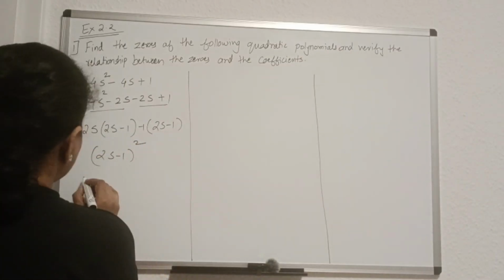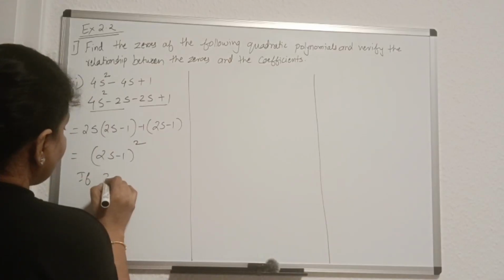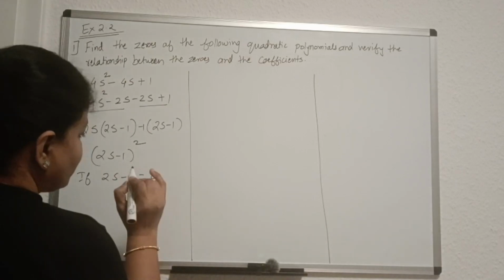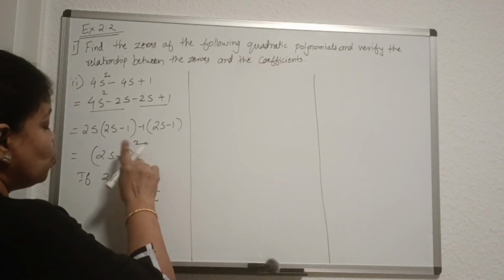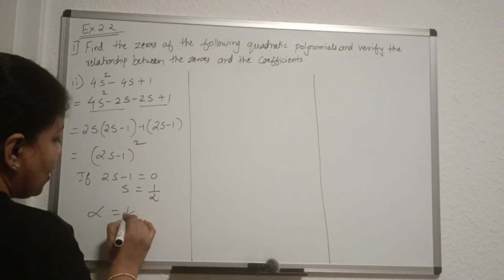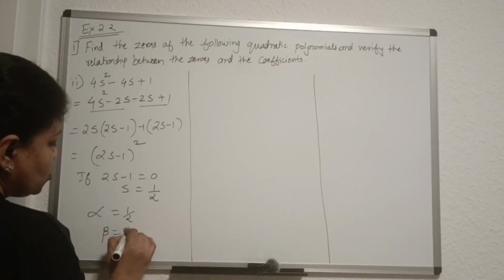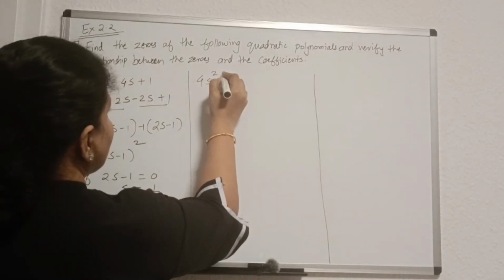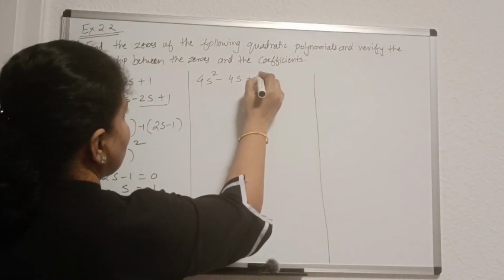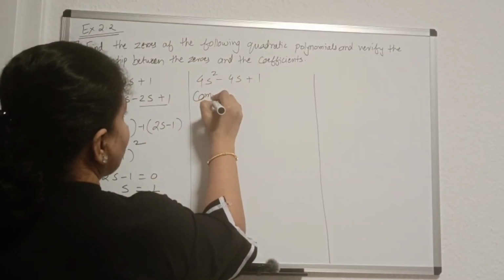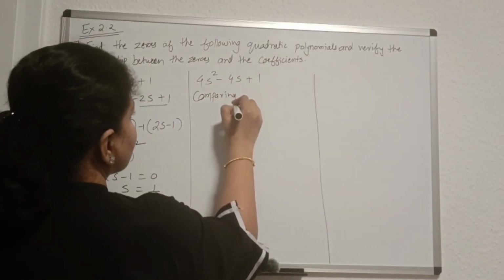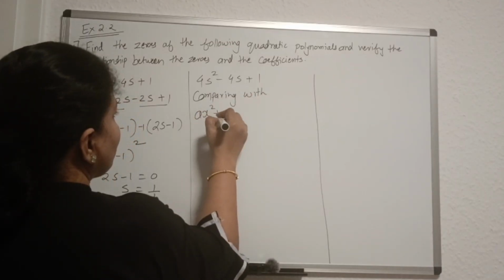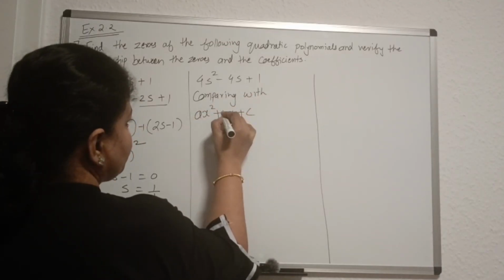So if you want to find the root, if 2s minus 1 is equal to 0, your s is equal to half. There are 2, power is 2. So your alpha is also half and your beta is also half. Okay. So now let us compare the given equation 4s square minus 4s plus 1 with ax square plus bx plus c.